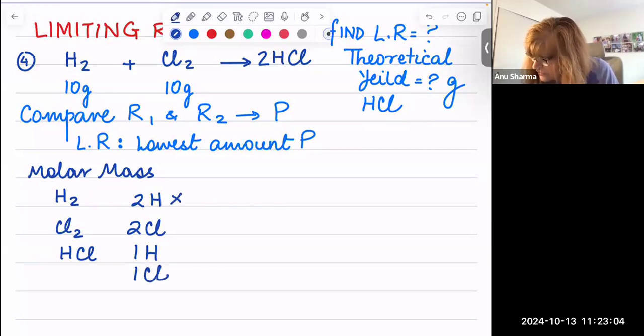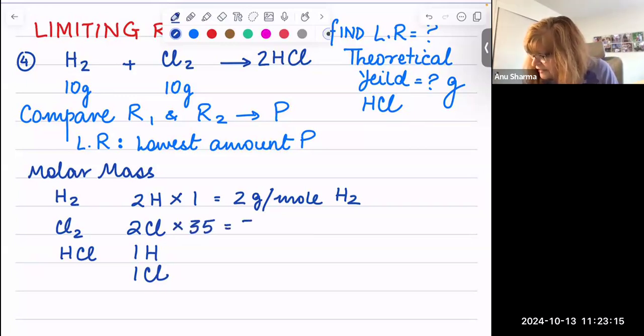So 2 hydrogens is going to be 2 grams per mole. That's the molar mass for hydrogen. 2 chlorines, each is 35 grams, so this becomes 70 grams per mole. That is for the chlorine, Cl2.